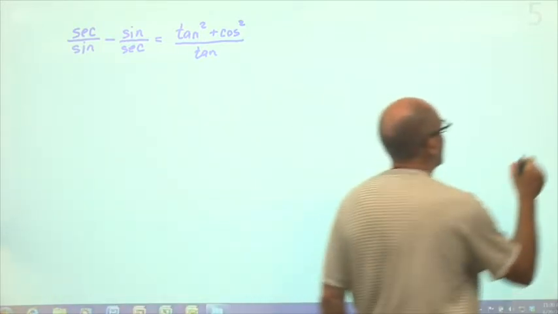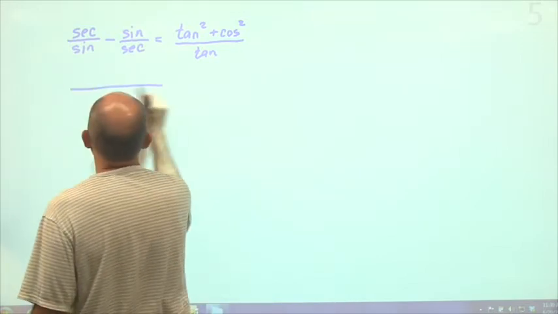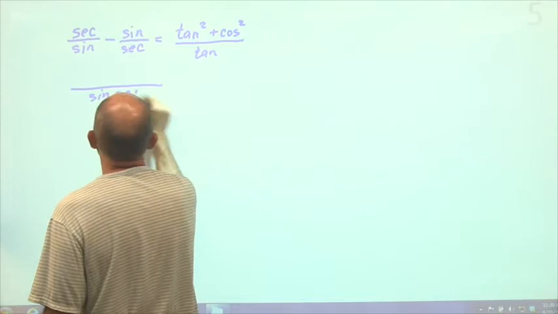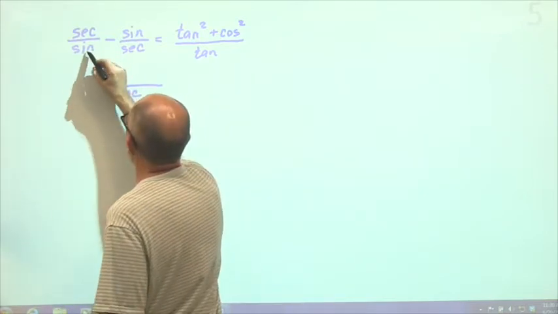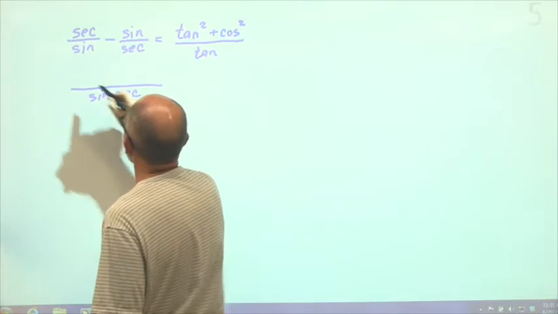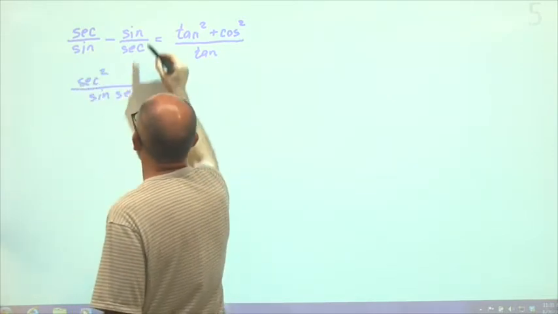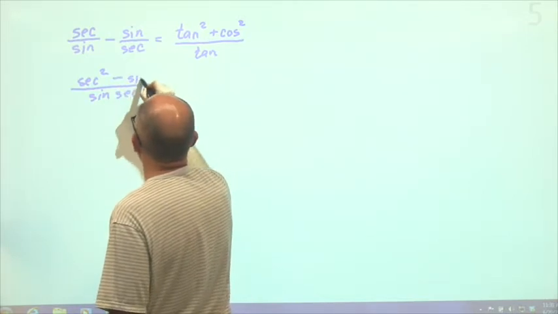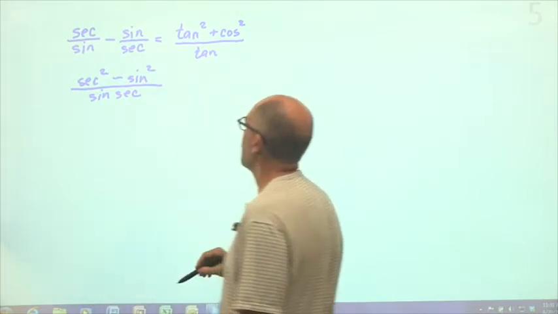So let's just do that. Sine times secant. Well, notice I multiplied the left by secant, so I better multiply the right by secant. And I multiplied the right by sine, so I better multiply the top by sine also.